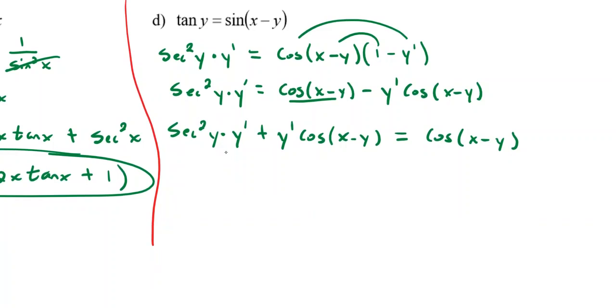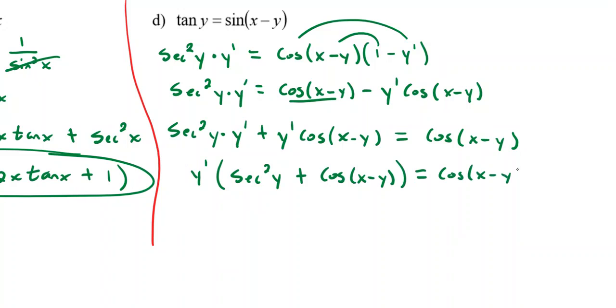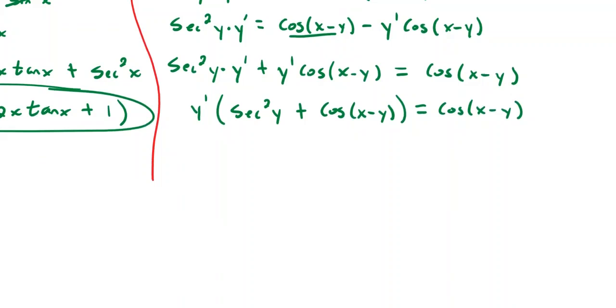Now let's factor out what's common, the y prime. So you'd have y prime, and then what's left, just everything without the y prime. So then you'd have secant squared y plus cos of x minus y is equal to cos of x minus y, and then we'll just divide by all of this.